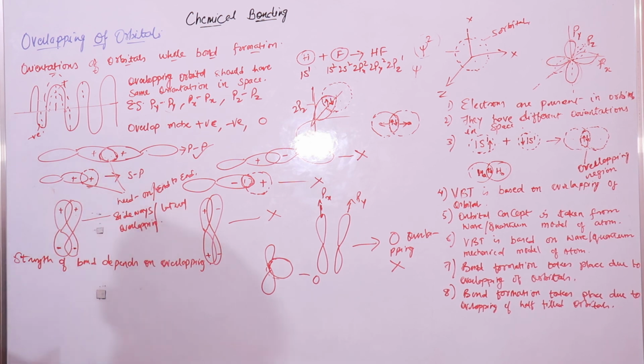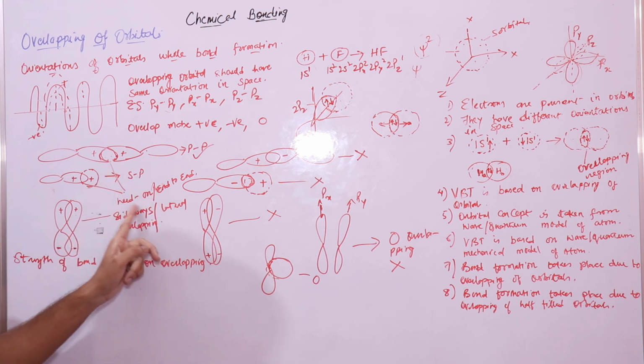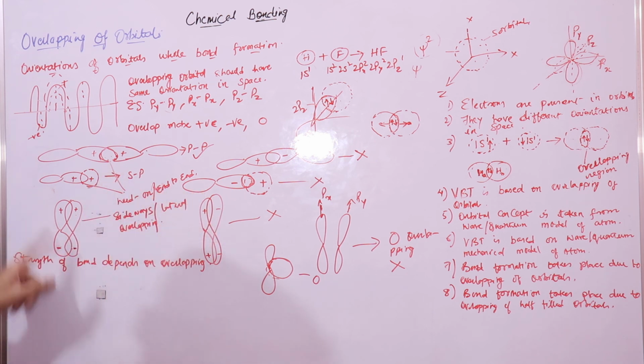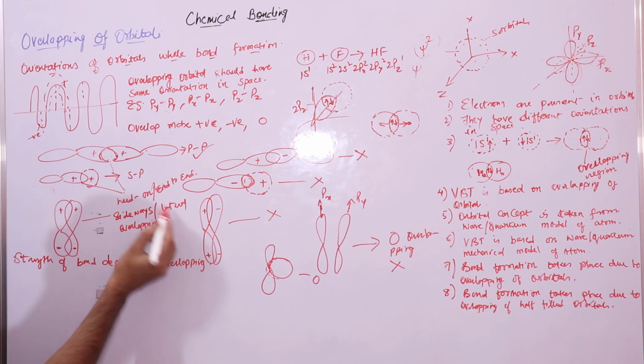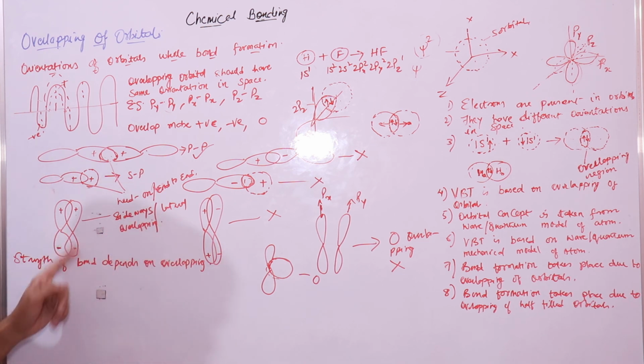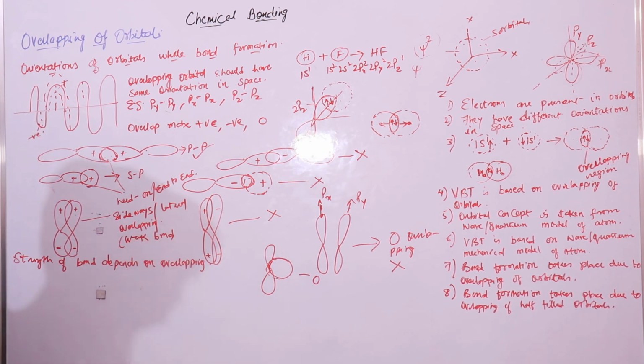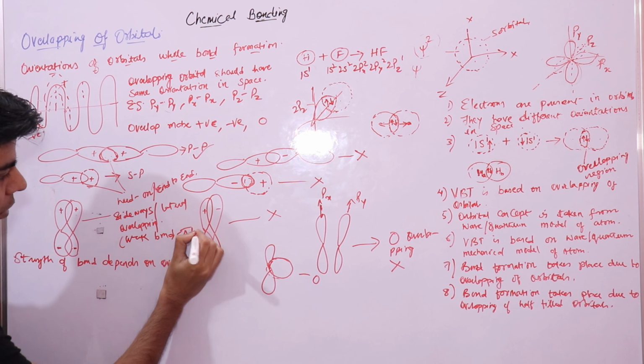Overlapping is more in the case of head-on or end-to-end overlap, and overlapping is less in the case of sideways or lateral overlapping, right? So this will result in a weak bond, which we call a pi bond.